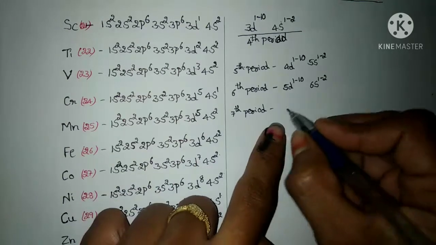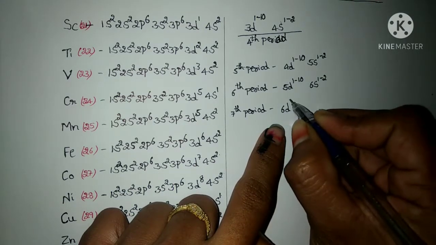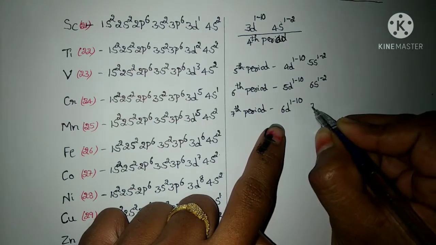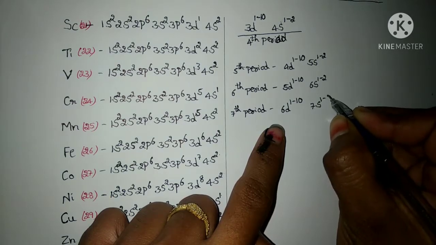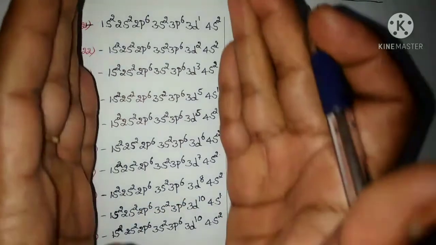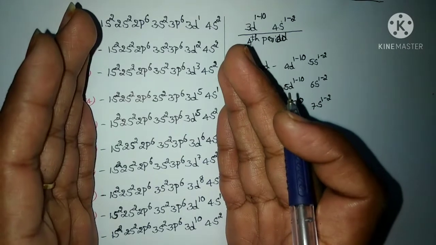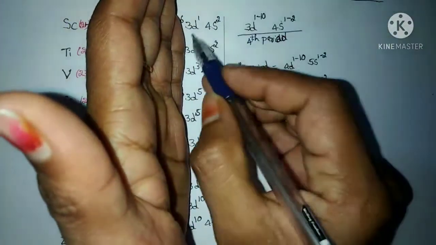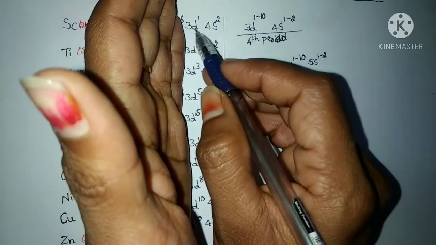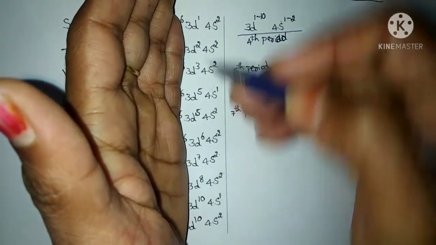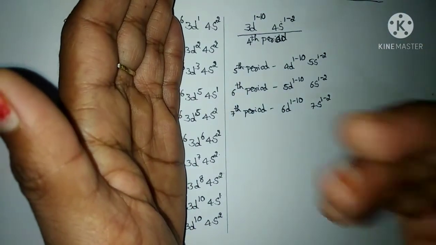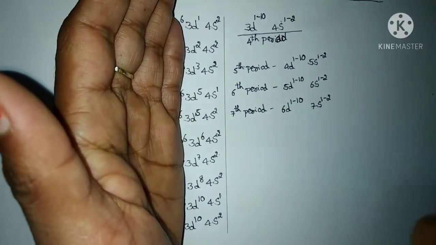For the seventh period elements, 6d 1 to 10, 7s 1 to 2. So the same electronic configuration comes, but at the end instead of 3d1 4s2, 4d1 5s2 will come.